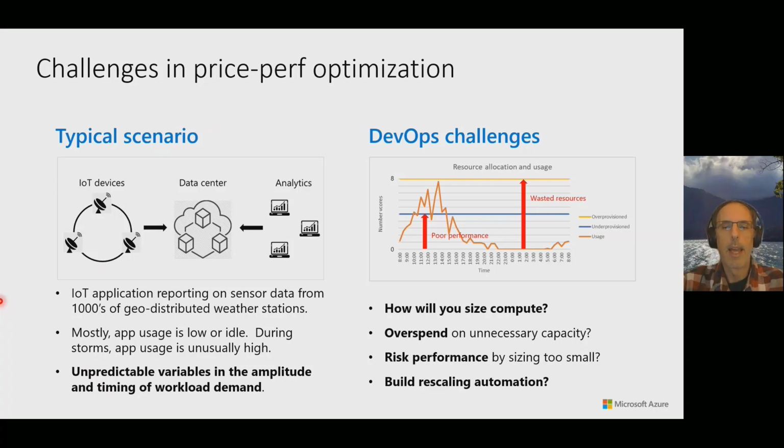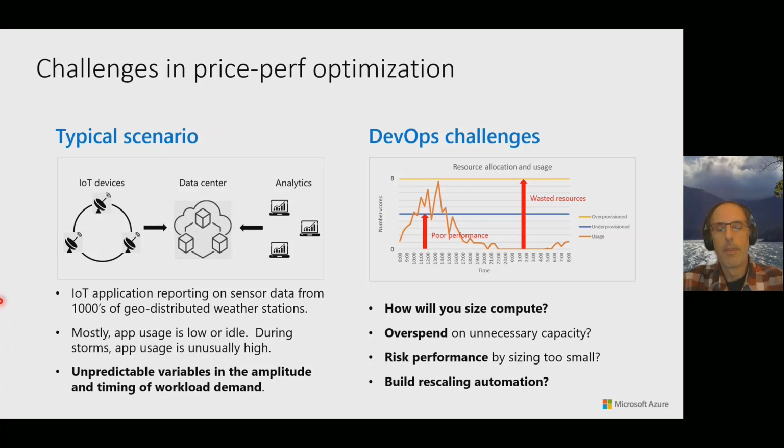On the other hand, you could decide to provision an amount of compute corresponding to the average usage over time, but then because there's insufficient capacity during these bursting episodes, the application can suffer from poor performance. Now, if the database is already in the cloud, you can take advantage of compute elasticity and consider building your own custom rescaling automation.